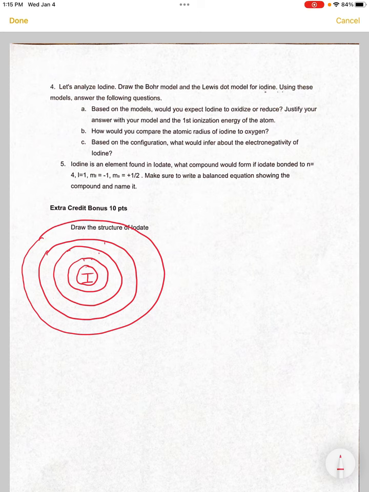In the first ring, you should have 2 electrons. In the second ring, 8. In the third ring, 8. In the fourth ring, 18. And in the 5th ring, you should have 17 electrons, right?